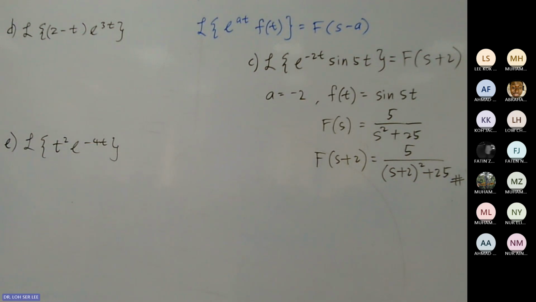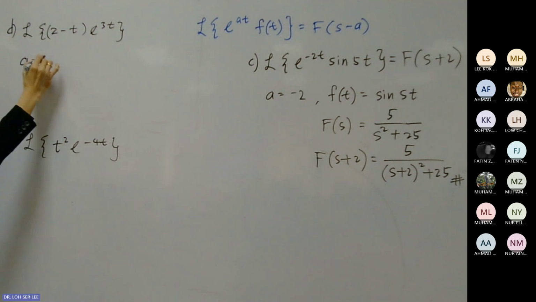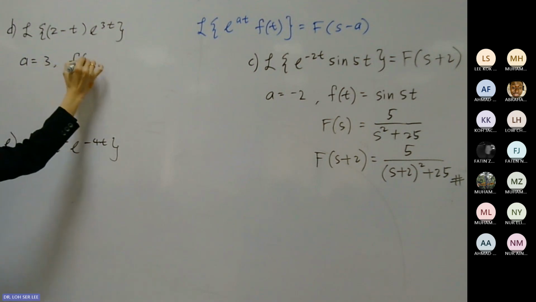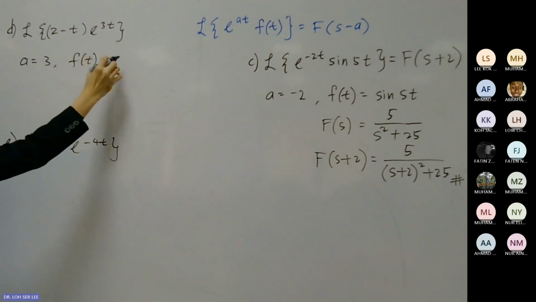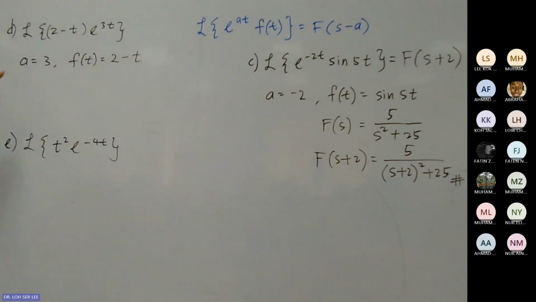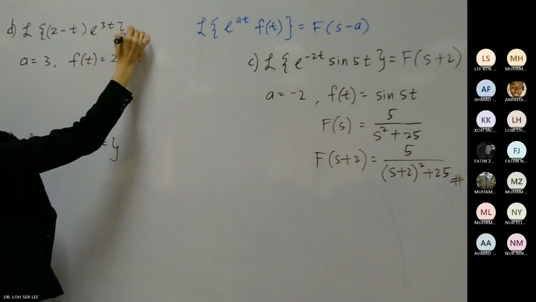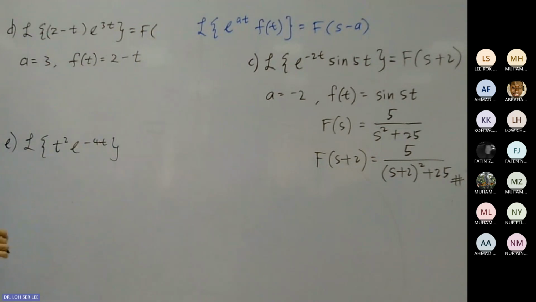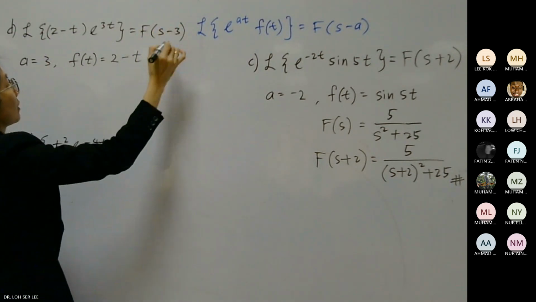In question B, what is your a? a is 3. Your f(t) is 2 minus t. Okay, this is your f(t). And this is F(s minus 3).